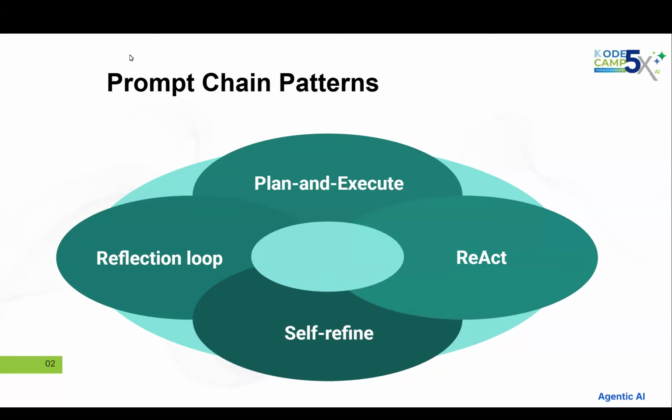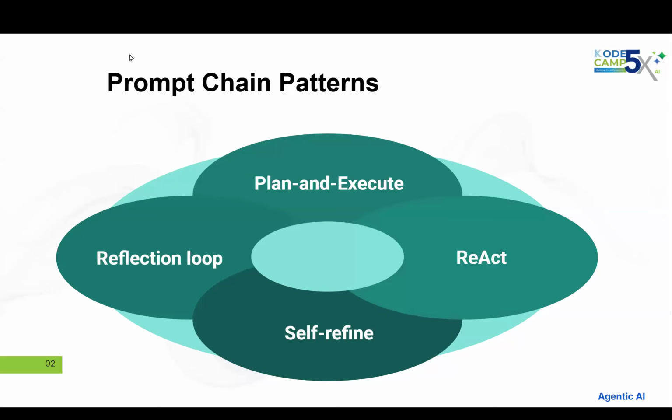Now in plan and execute, you have a prompt for generating the algorithm where you ask the LLM to generate a plan. First, you state what you want to be done, and then you have a prompt to say, generate a plan to achieve this intent.